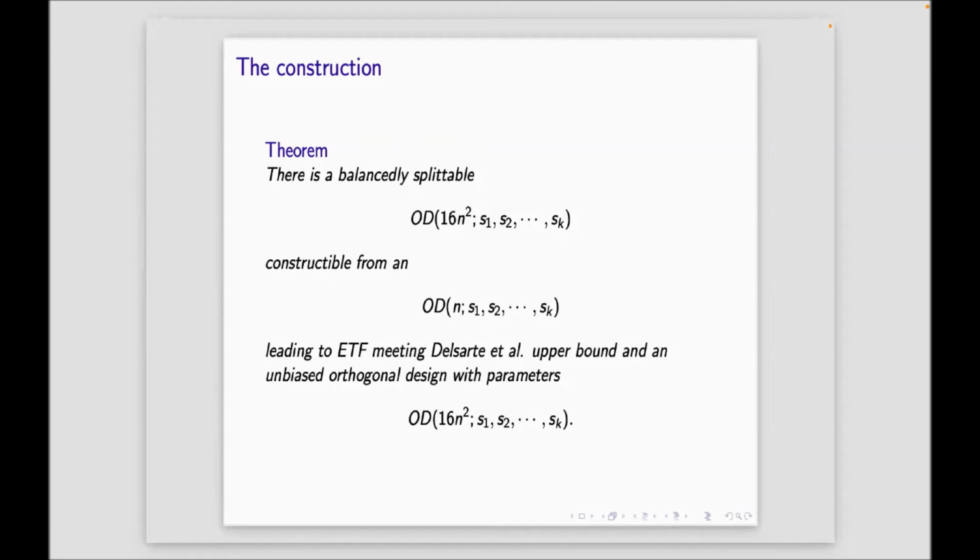Then we can actually construct a balancedly splittable orthogonal design of order 16n squared in k variables. And of course, you can detect an error here. Each one of the variables must be multiplied by 16 in order to really get this one correct. And these lead to ETFs meeting their upper bound and unbiased orthogonal designs with these parameters. Again, errors can be spotted here.